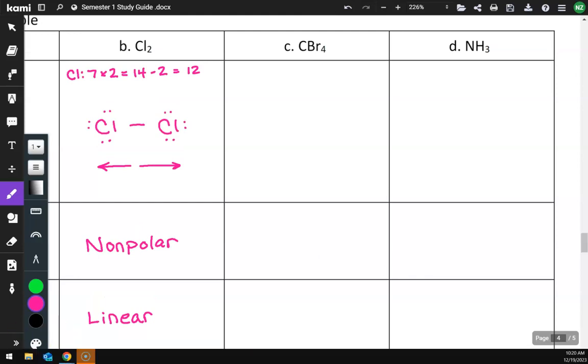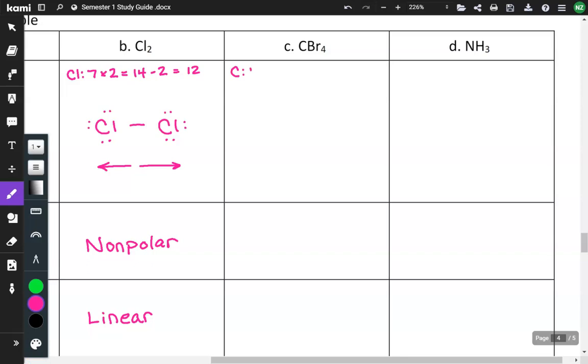Okay, let's look at the next one. We have carbon. Carbon is 4. We have bromine. Bromine is 7, but there are 4 of them. That'll be 28. 28 and 4 is 32. Carbon goes in the middle, of course. Bromine, bromine, bromine, bromine. Connect everything. 2, 4, 6, 8.